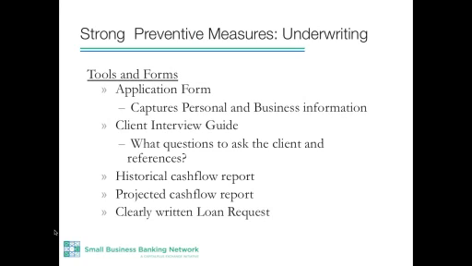Now, first we have the application form. How can the application form help us prevent delinquency? Now, what do you find in the application form? The application form captures personal and business information. So personal information that impacts your assessment, your loan appraisal, like the number of dependents, the information related to the standard of living, for example, the location of the residence.